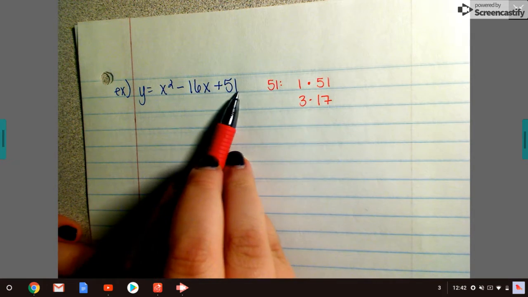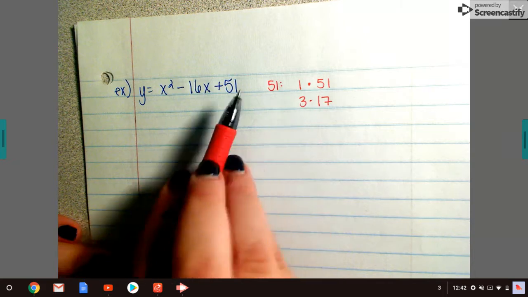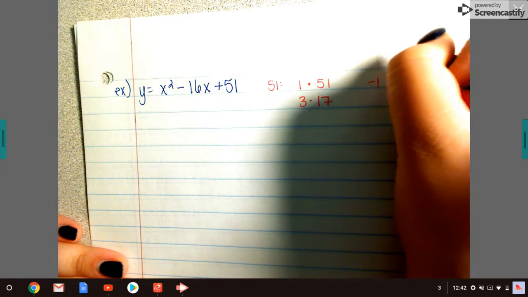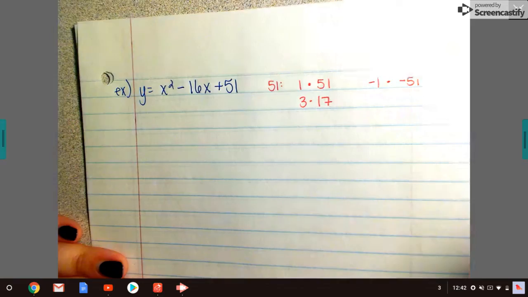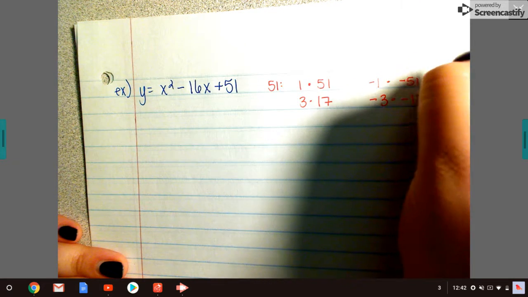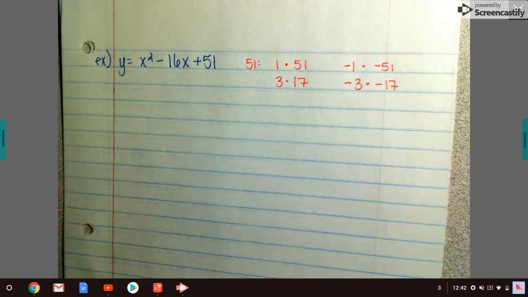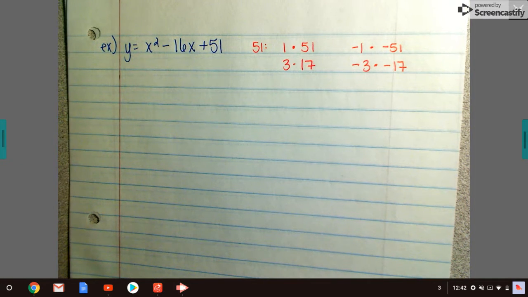And notice again, this is a positive C. So either we've got the positive or the negative. So we also have negative 1 times negative 51 and negative 3 times negative 17. And those are all the factors that we have of 51. Check me if you'd like. Do any of these combine to make a negative 16?